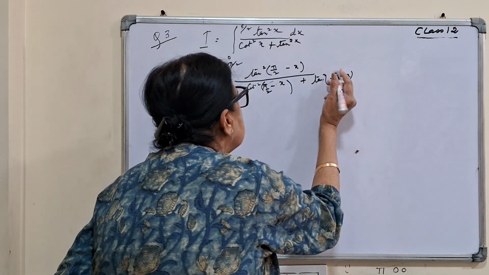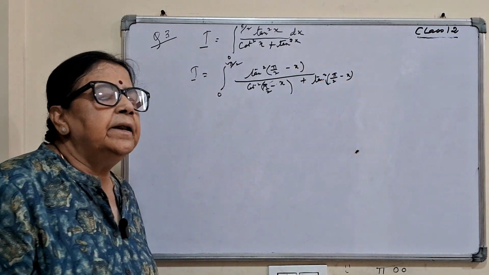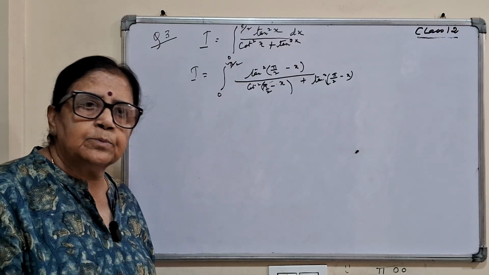You know, tan of pi by 2 minus x becomes cot.